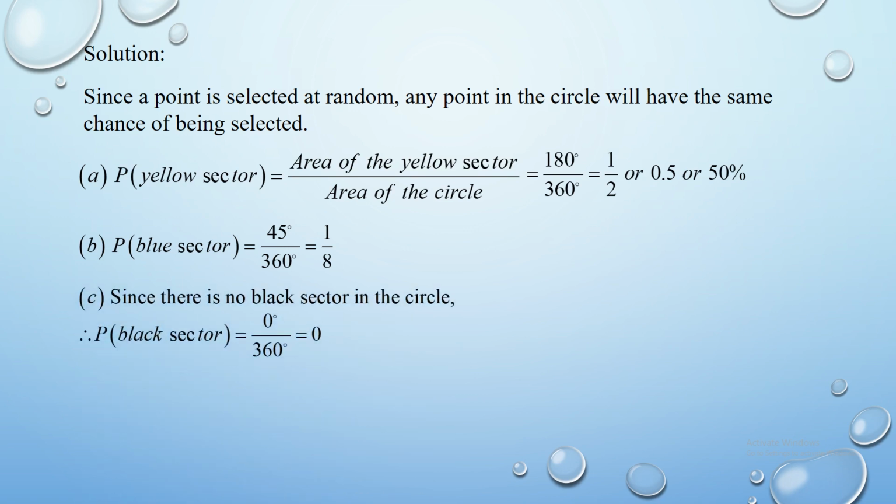Question C. Since there is no black sector in the circle, the probability of the black sector is 0 degrees compared to 360 degrees, so we get 0. Point D. Probability of all sectors. All sectors is just the whole circle, so the probability will be 1. It absolutely happens.